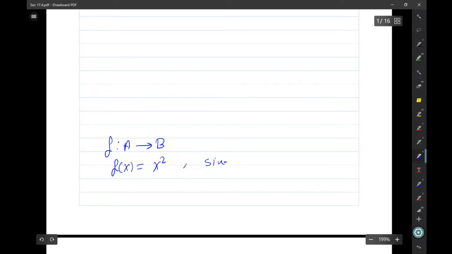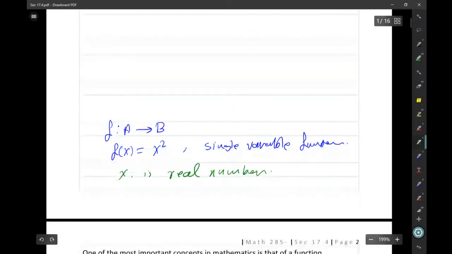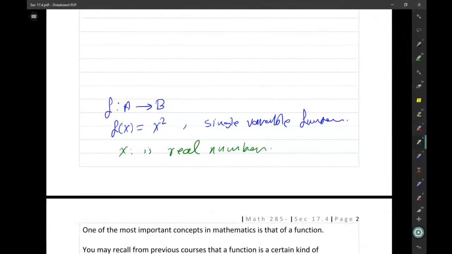This is a single variable function with the domain A and the range contained in B. And my variable here x is a real number, and that's called a real valued function. Real valued function, which we studied in calculus.